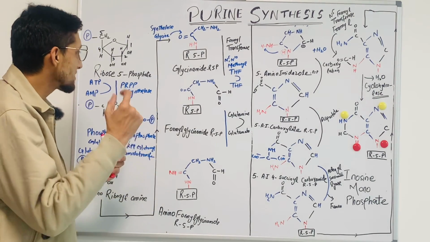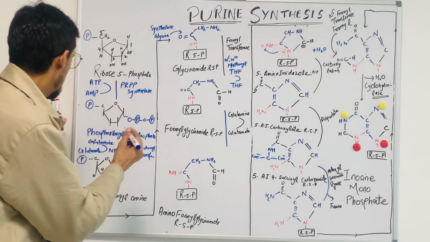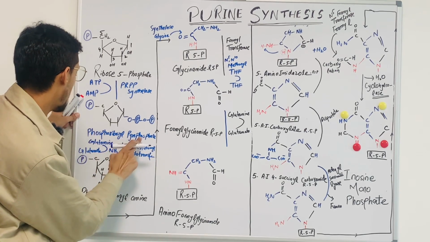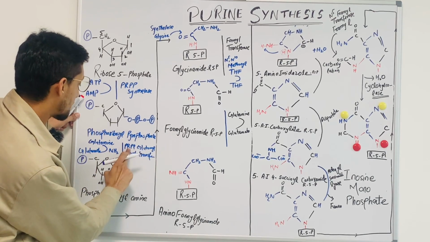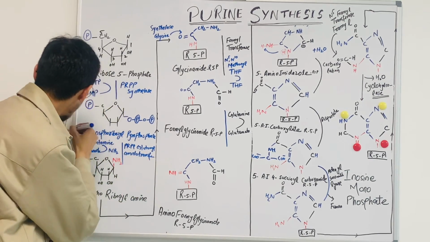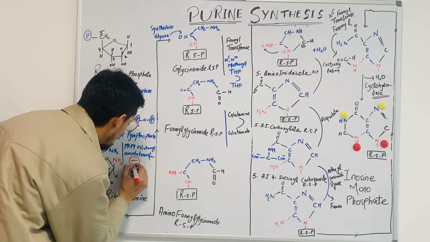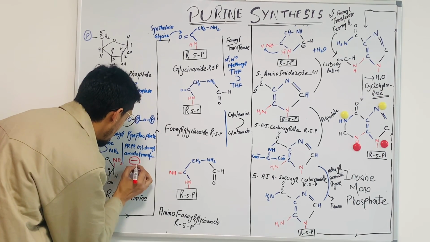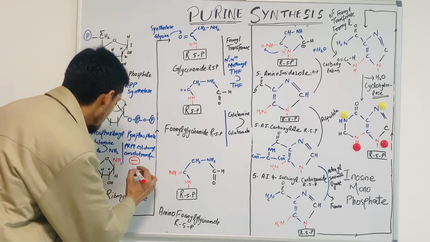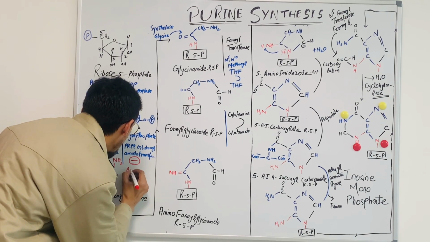So what is necessary for memorizing it? There is this enzyme, phosphoribosyl pyrophosphate glutamyl amidotransferase. This enzyme is inhibited by a drug, the immunosuppressant drug azathioprine.